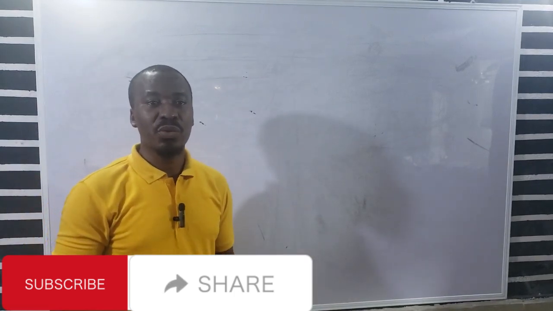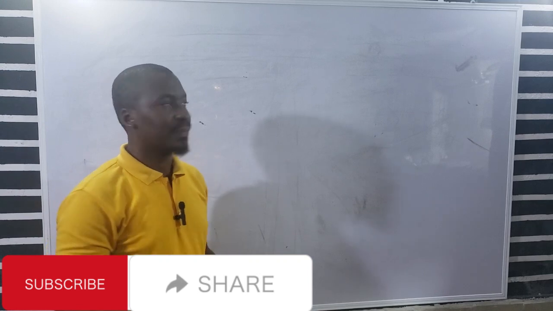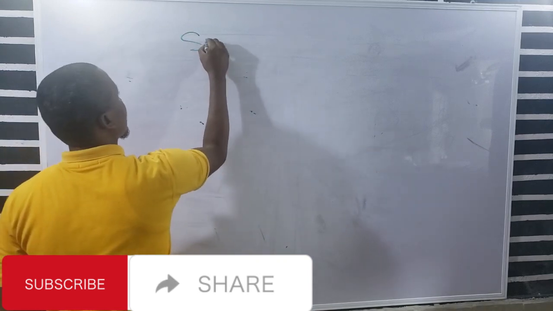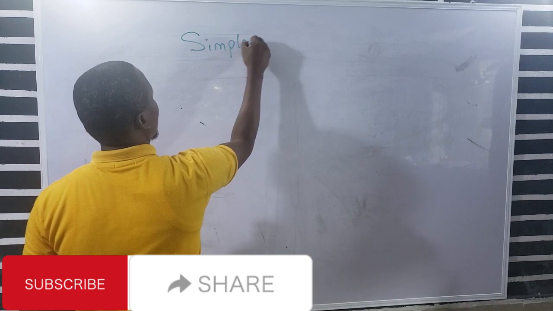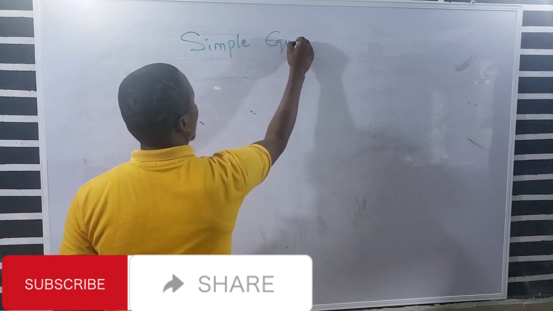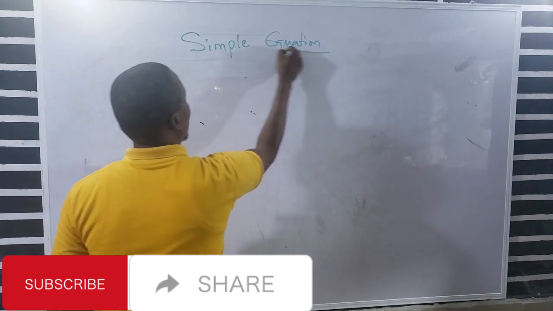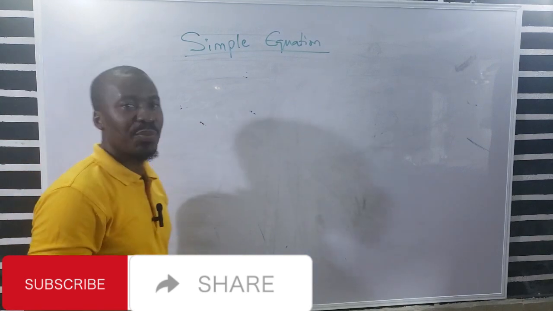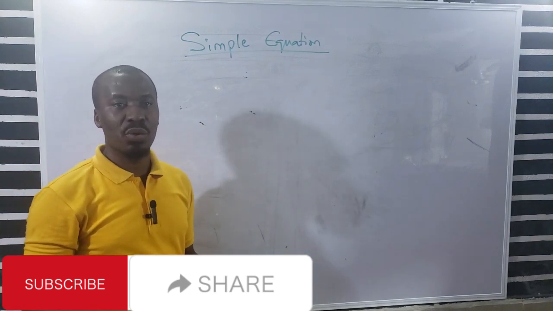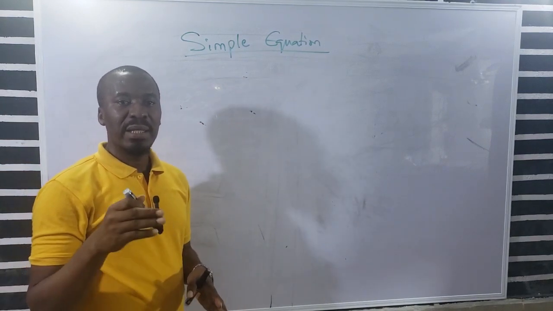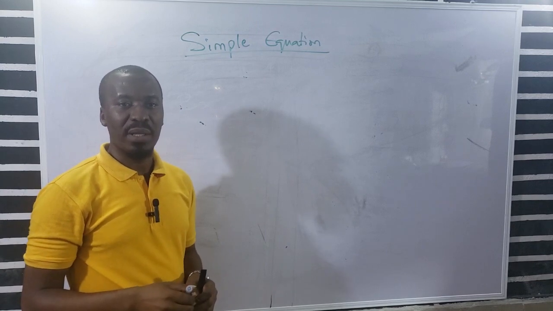Today we are going to look at simple equation. A simple equation can also be called linear equation of one variable.